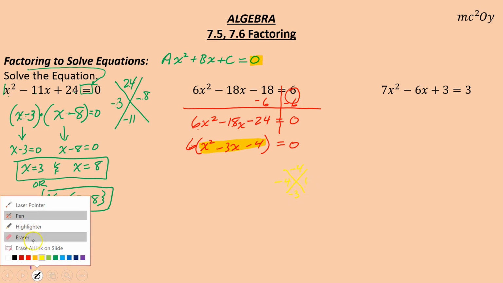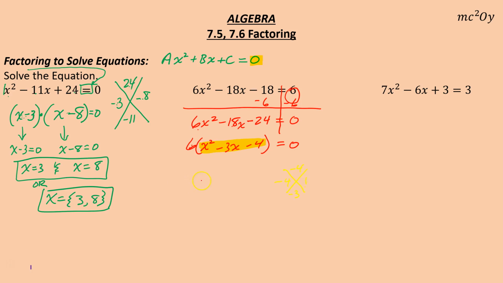So our set would become x minus 4, x plus 1, and the 6 just tags along with us. All that equals 0. That means either 6 has to equal 0, which is impossible, or x minus 4 equals 0, which means x equals 4, or x plus 1 equals 0, which means x is negative 1.